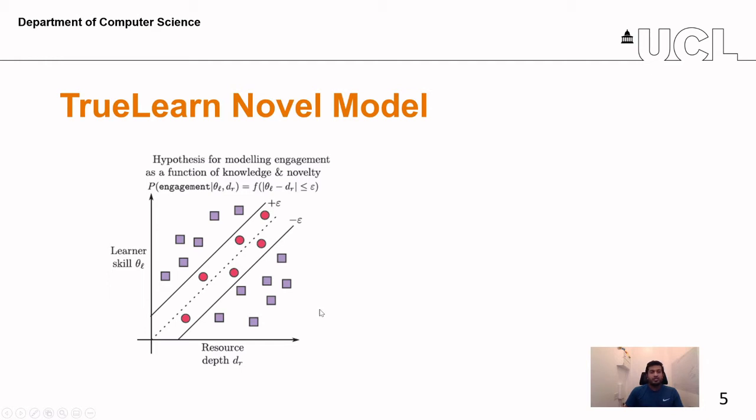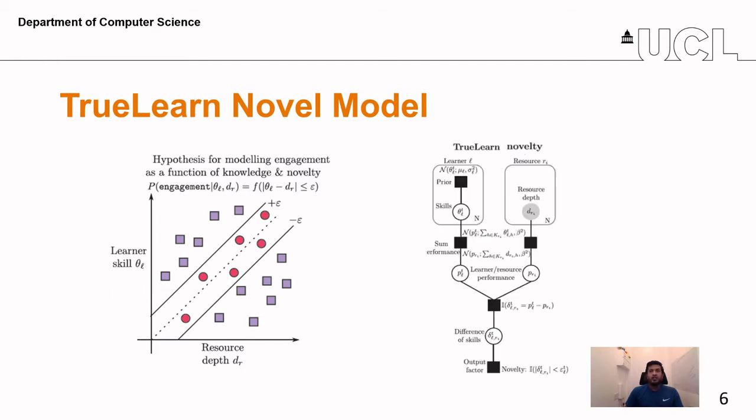We take this assumption and create a probabilistic factor graph that demonstrates this phenomenon, where the learner's skill theta L is modeled as a Gaussian variable and the topic depth is presented as a Gaussian constant, and the interplay between these two components will learn and update the learner's skill over time.